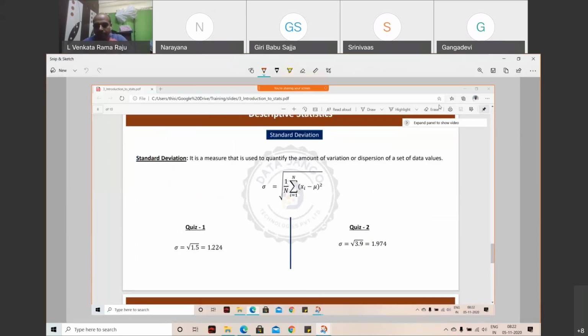On an average, this is the distance from the mean. What is this distance? Score, right? If you randomly pick one student, S5, his score may vary between 7 minus 1.22 and 7 plus 1.22.